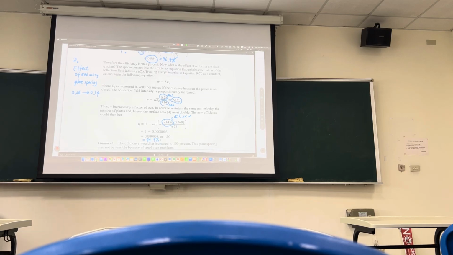In this case, you reduce the spacing by half, 0.28 to 0.14. Then the efficiency increases from 96 to close to 100.